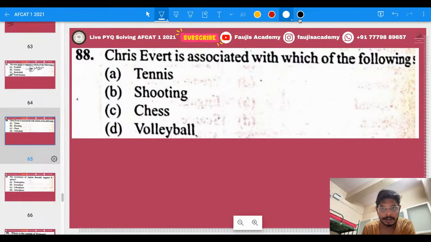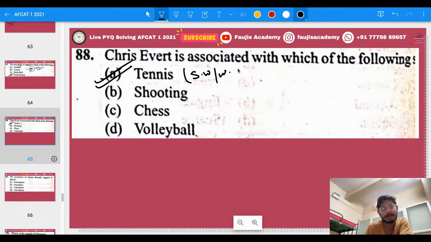All right, Chris Evert. Chris Evert was a person related to the game of tennis, not table tennis. She was a very acclaimed person. We have Serena Williams and Venus Williams, we used to have.